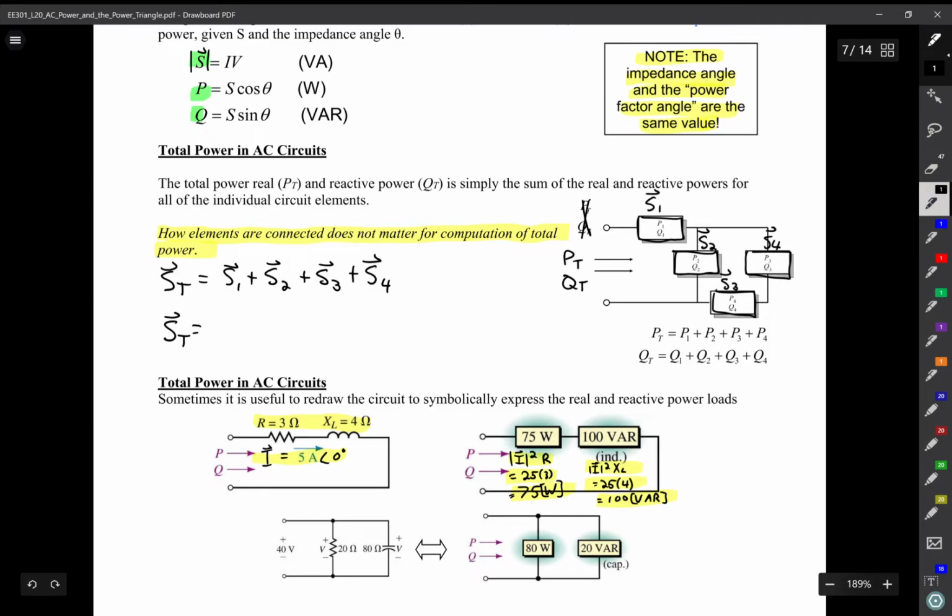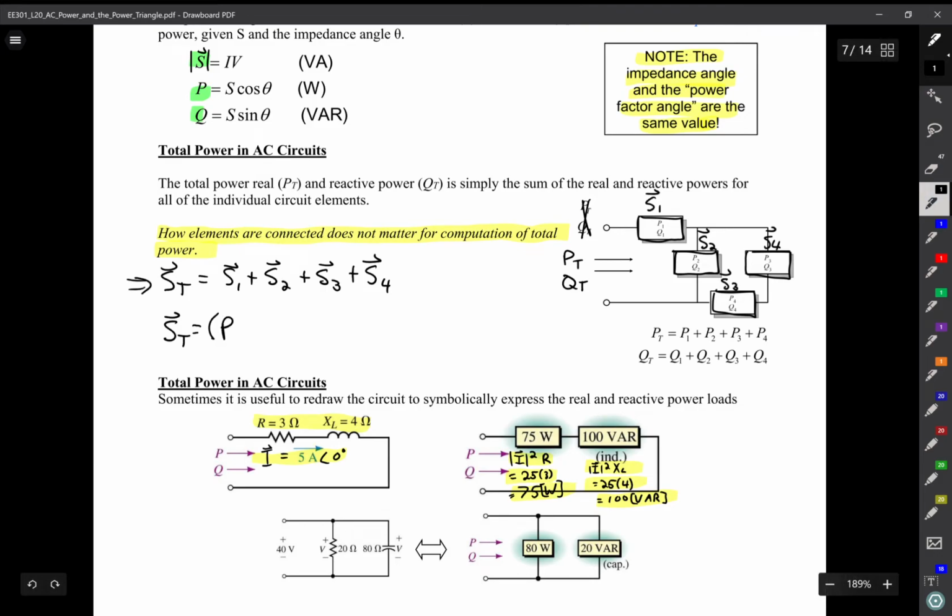What this is saying is that the total complex power shown here is equal to the sum of all those element powers that are in my circuit. And it doesn't matter if they're in series or parallel or some kind of network of elements. Another thing to note is that ST, the total complex power, is also equal to the sum of its real and reactive parts.